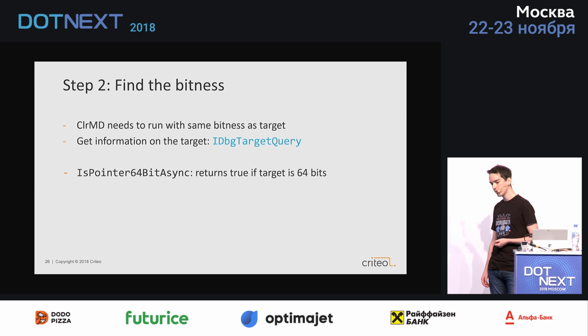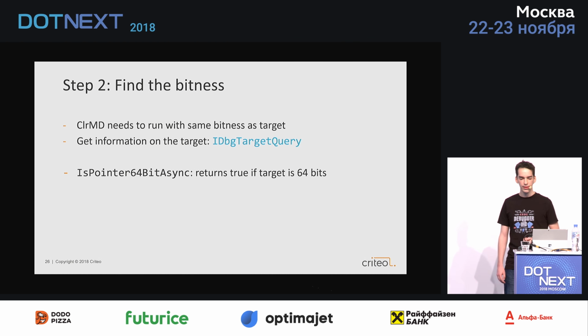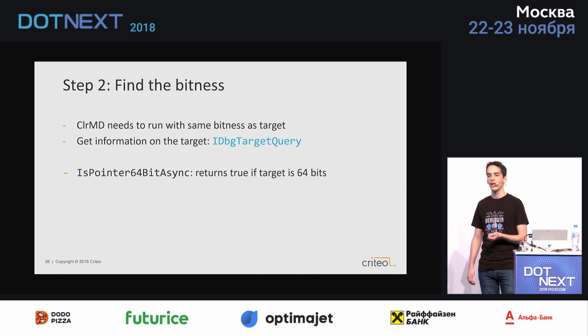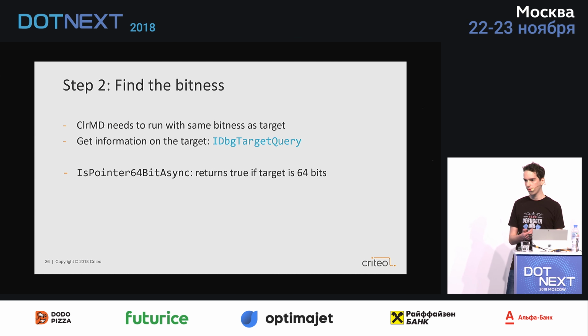Then, to use ClrMD, you need to run with the same bitness as the target, and also to run as a native extension. For instance, if you already used SOSEX, then you know that there is a 32-bit version and a 64-bit version. For our extension, we need to do the same thing.